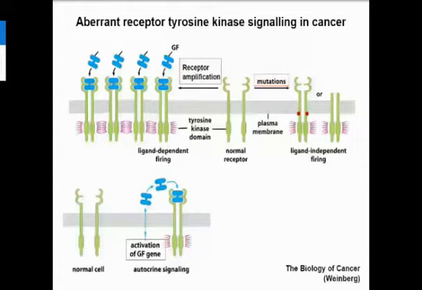But if mutations do cause them to produce a growth factor for a receptor tyrosine kinase they have, this can cause this autocrine loop of constitutive activation and driving cell proliferation and driving cancer.